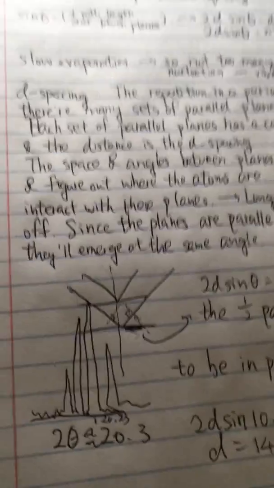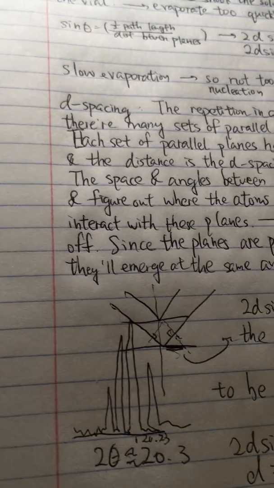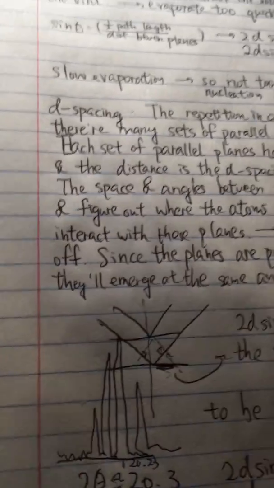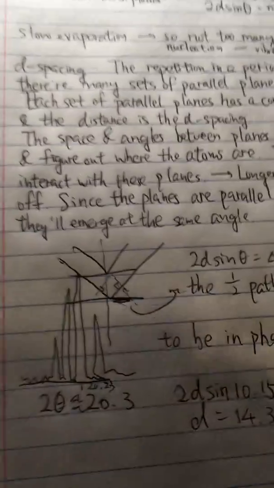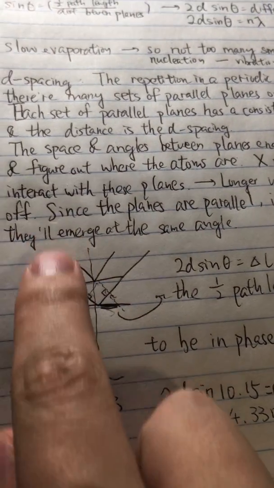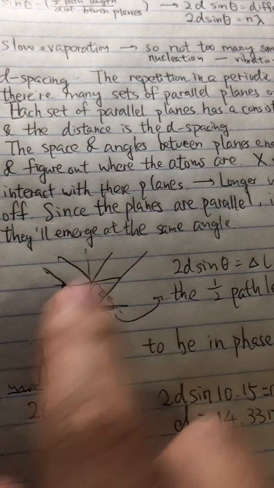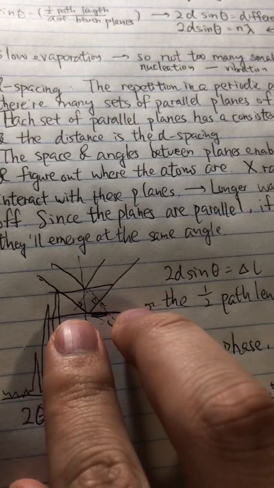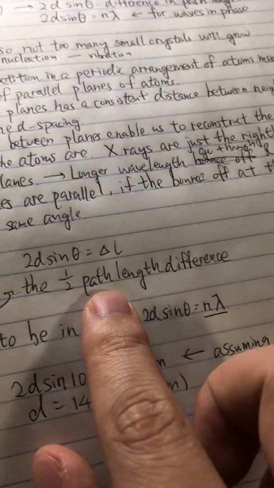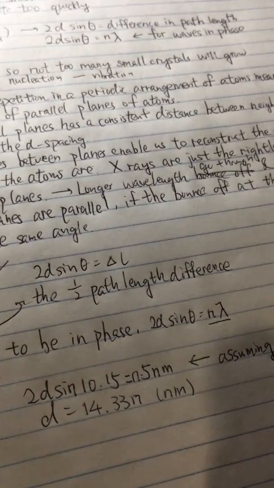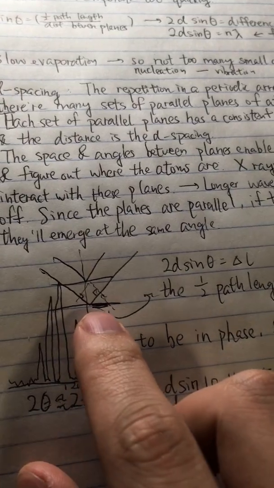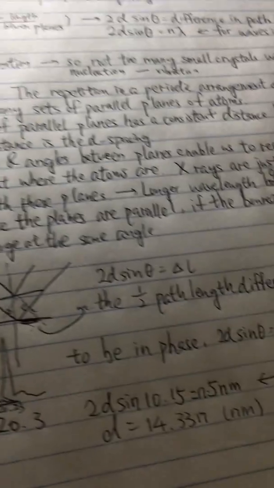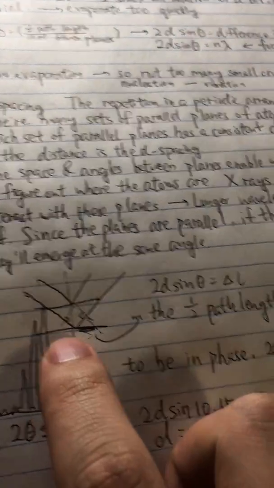Solids have different layers, so if the longer wavelength goes through and the smaller one has already bounced off, they will essentially look like this. The smaller one bounces off right here, and the larger one bounces off on the bottom, and there's a certain distance, which is the half-wavelength difference, for them to be in phase, because this one bounced off much earlier than this wave.